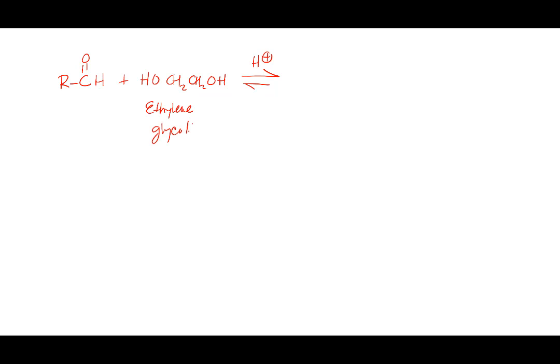And so ethylene glycol is dirt cheap. There's tons of it around because it's used in your car radiator to lower the freezing point of the water, so that unless it's really probably minus 40 or something like that, your radiator block doesn't freeze.